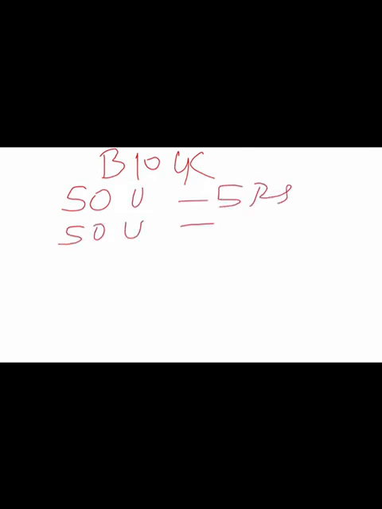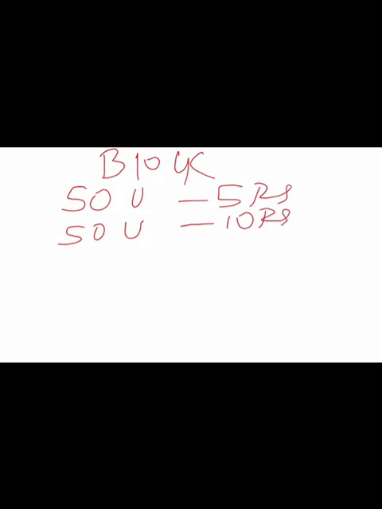Now if you go with the block rate tariff, they are going to divide consumption into different blocks. For the different units you consume, it will be charged at a different amount. For example, for the first 50 units, let us assume it is 5 rupees. For the next 50 units, it will be 10 rupees.